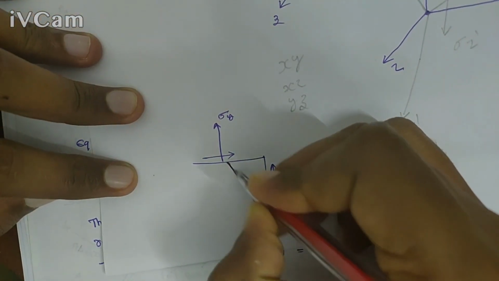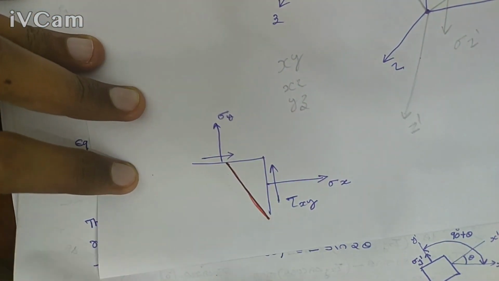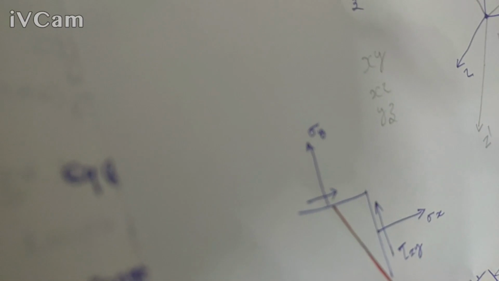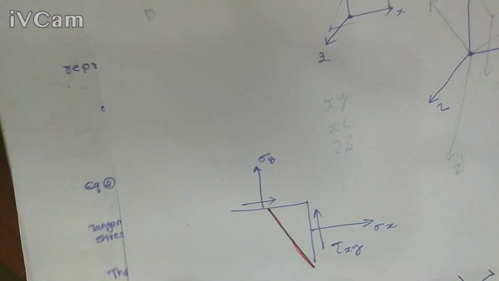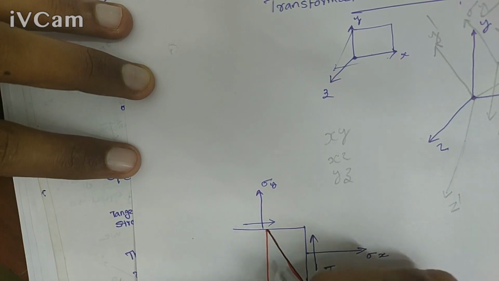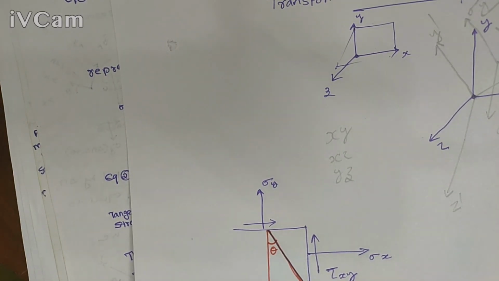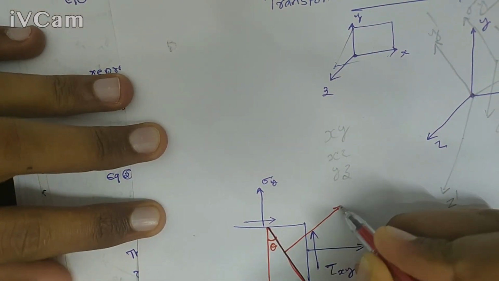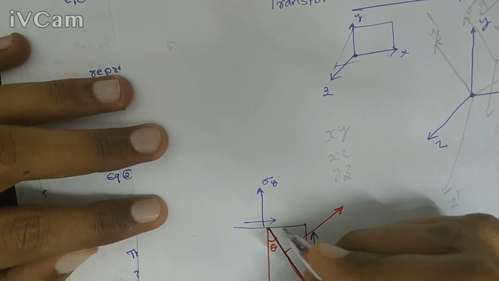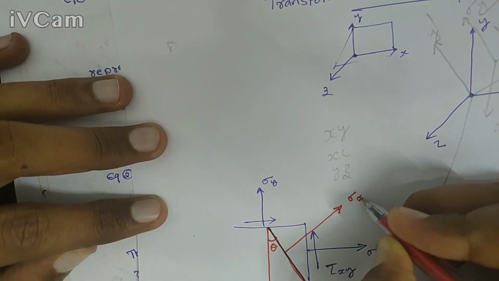What is the stress on this inclined plane? This inclined plane makes an angle theta with this vertical, so this angle will be theta. Then what is the value of the normal stress acting on this inclined plane, that is sigma x dash?